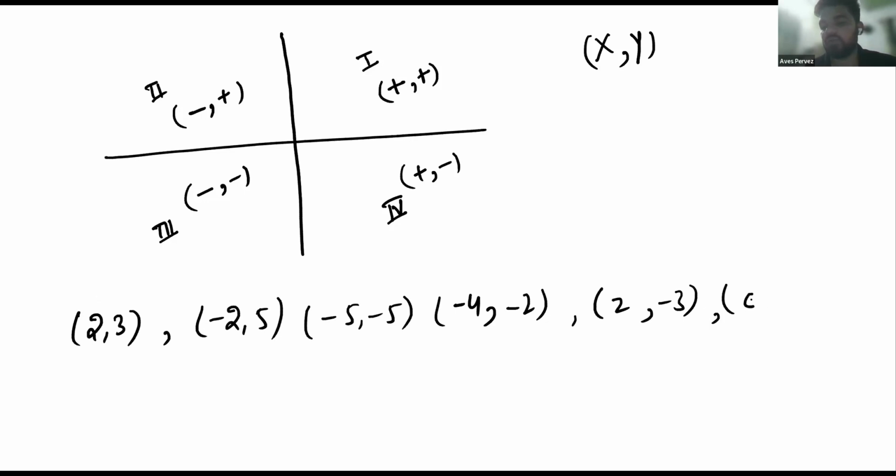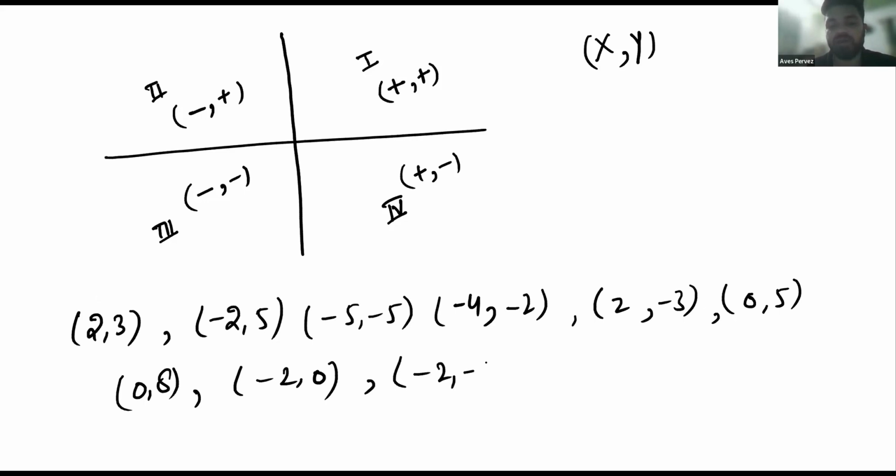Sixth, 0, 5. Seventh, 0, 8. Eighth, 0, -2. Then -2, -5. Then -3, 0. Then 2, 0.